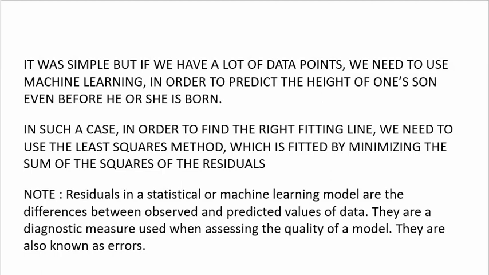The error here refers to the lack of accuracy of the model that we have built. So a residual is the difference between the observed data and the predicted values of the data.